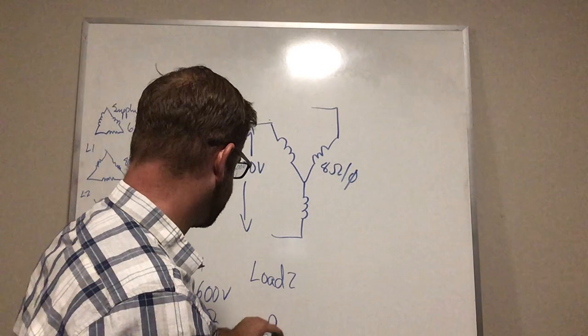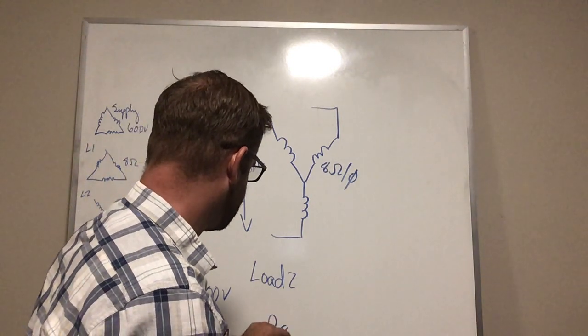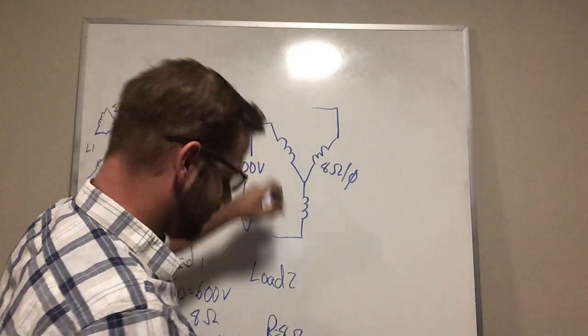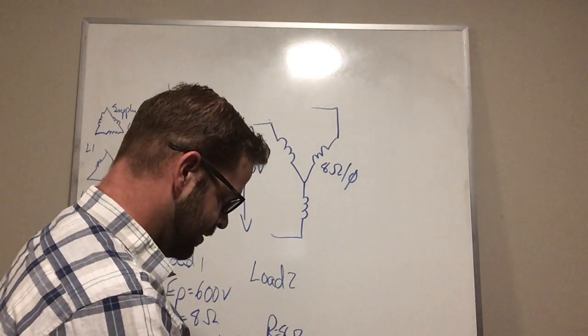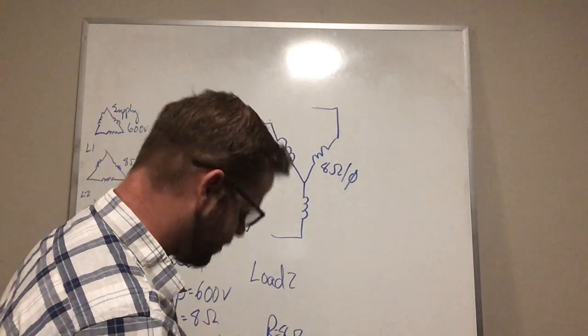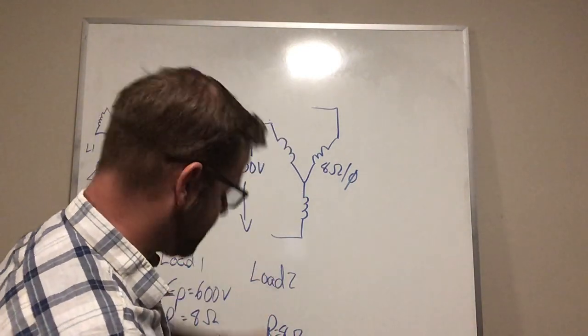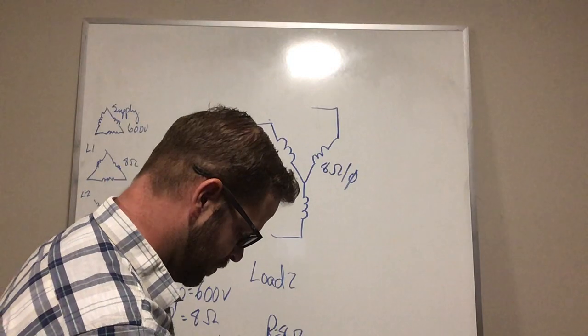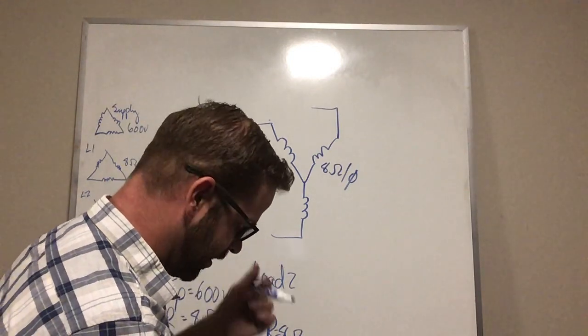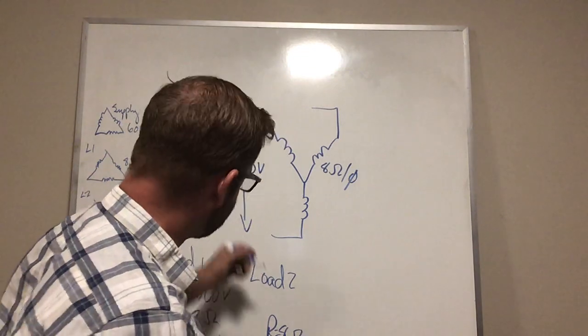So resistance is 8 ohms. If we have 600 volts per phase and we come down into the line, we know that there are 2 coils or 2 loads that are going to be inductive loads that are going to be seeing that 600 volts. And rather than just writing 347, I will write the actual amount.